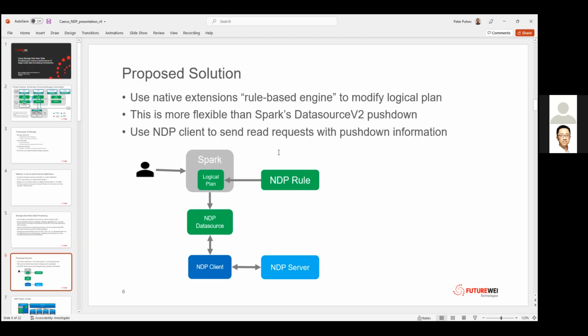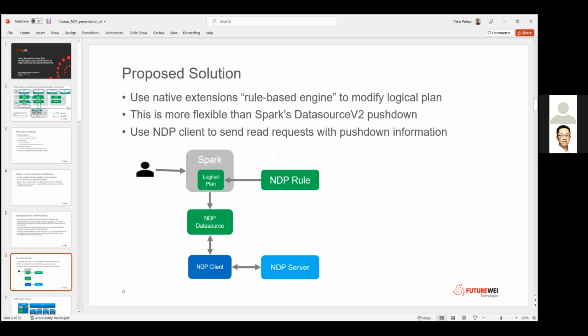So the majority of the Spark data source V2 pushdowns still bring the whole data from the storage, but the filtering is actually done at the worker level. It also has certain limitations, because at the time when Spark optimizes the logical plan, it doesn't know what storage is capable of. This part, some sort of handshake with storage and understanding what storage can and cannot do, and with what speed, is currently lacking.